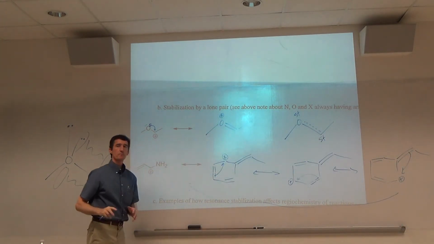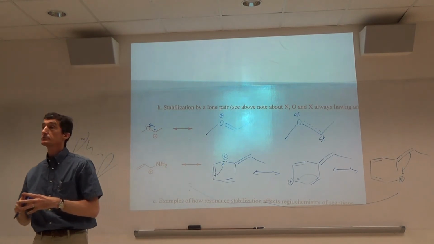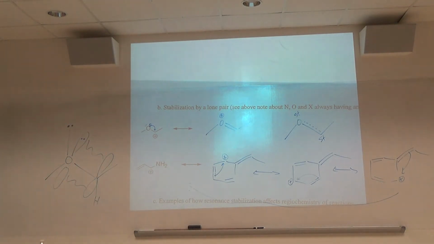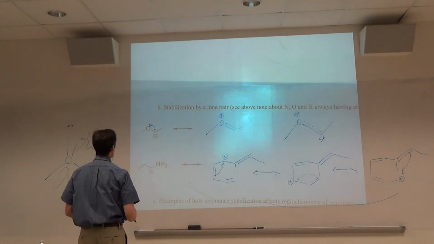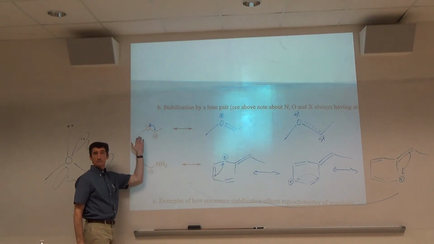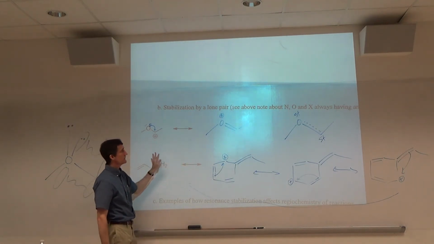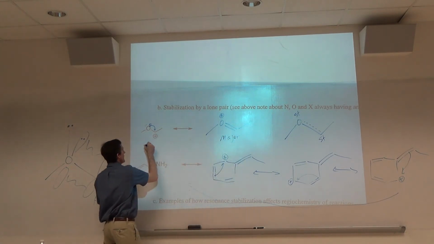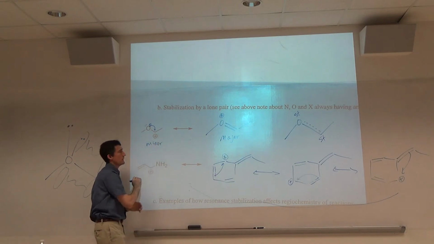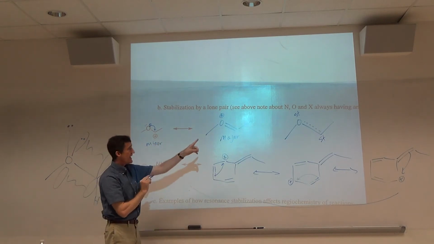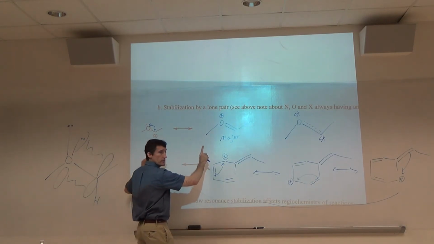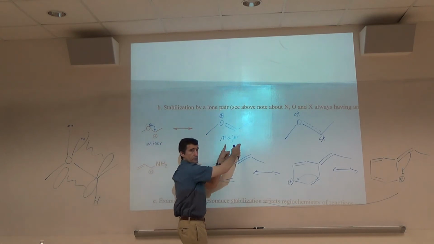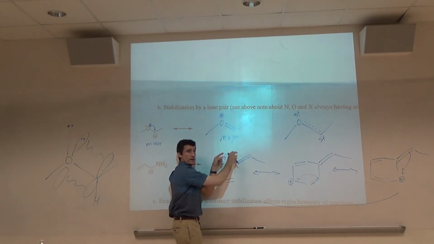Here we can say which is major and which is minor. Which is your major resonance structure, your best one? Which one you like best? This is major. We call this minor. That means that the hybrid looks more like which one? Yeah, it's not a perfect blend. The hybrid looks more like the major one.